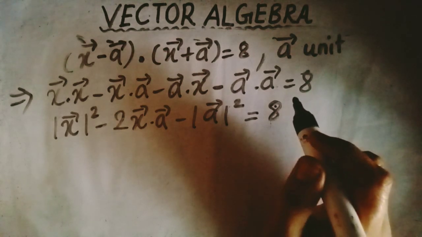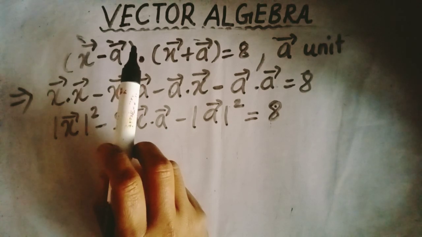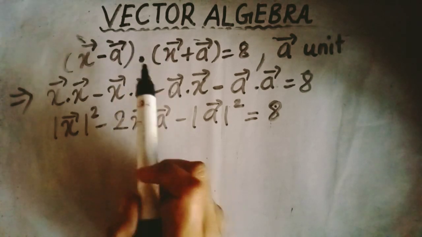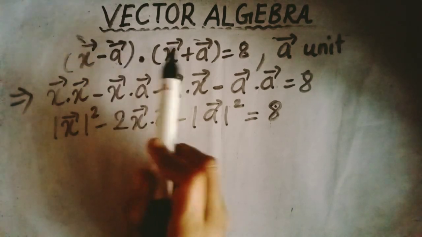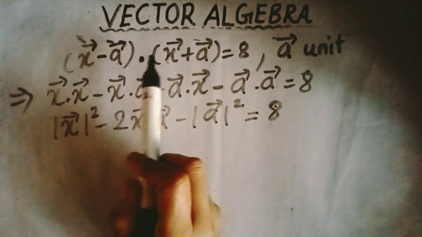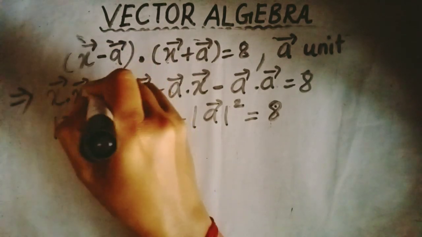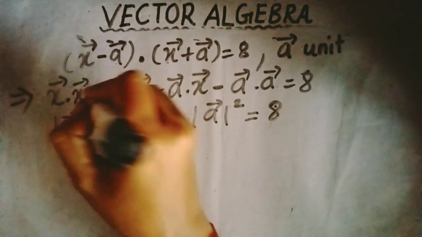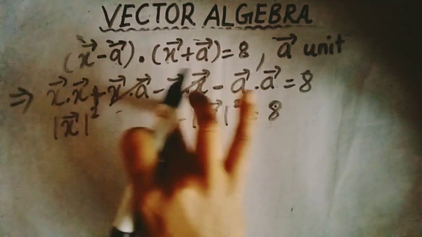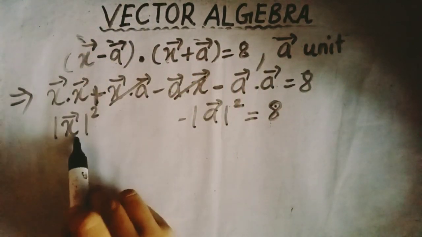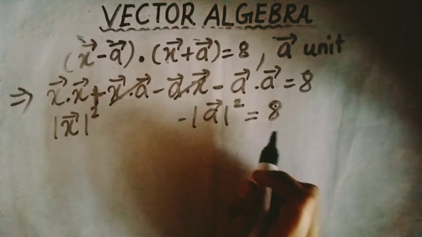The middle terms cancel, so mod of x square minus mod of A square is equal to 8.